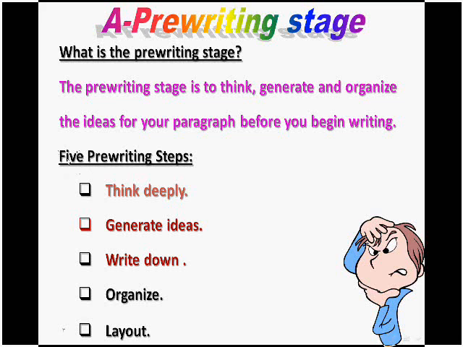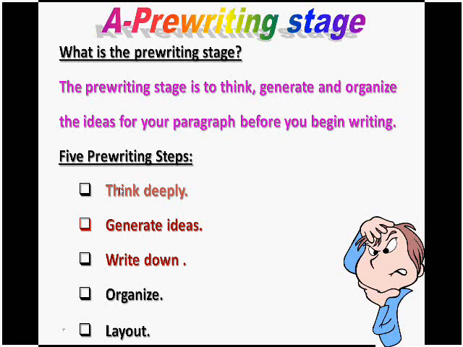So there are 5 free-writing steps or stages, and these are: think deeply, generate ideas, write them down. Of course, write down the ideas, okay? It's not like write down anything. Just write down the ideas, organize these ideas, and then you start formulating your layout.